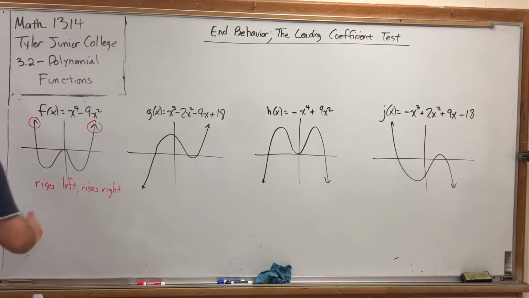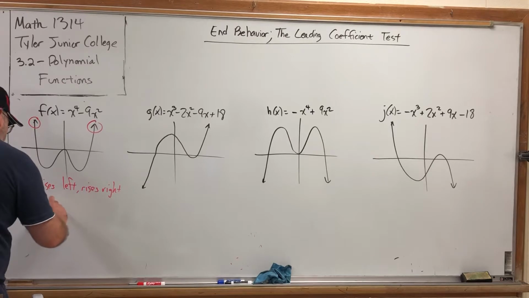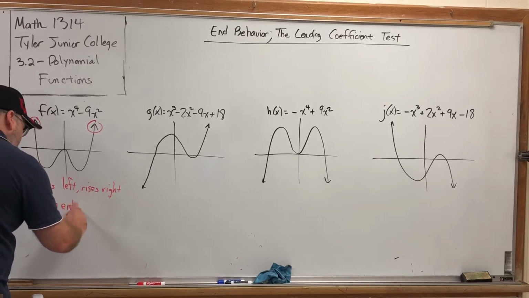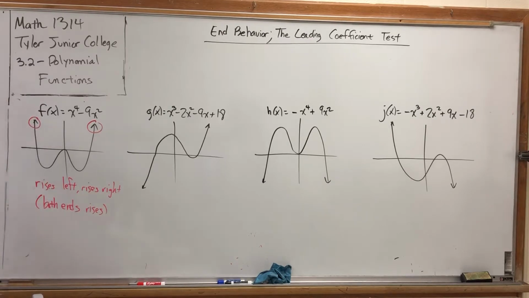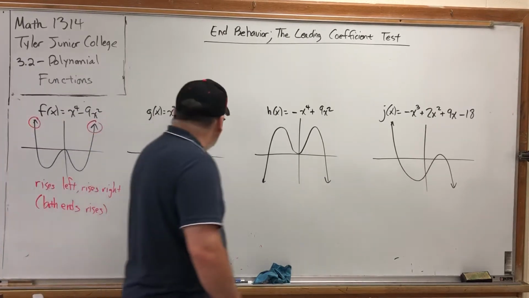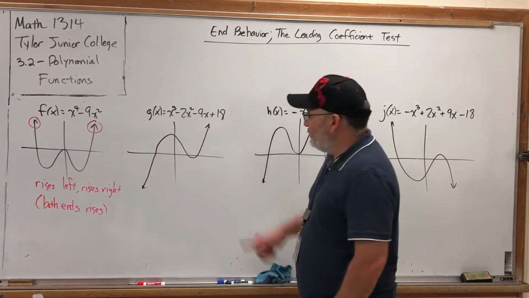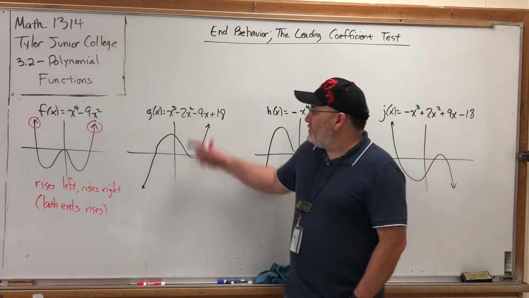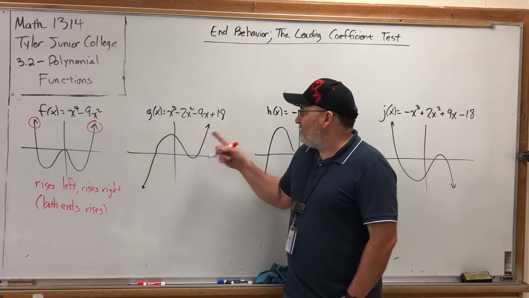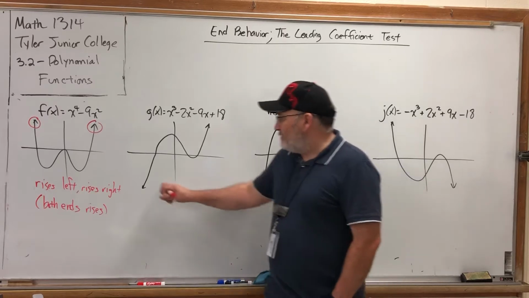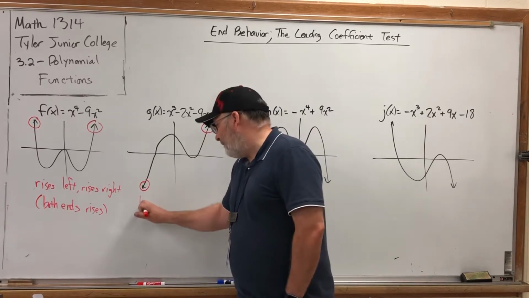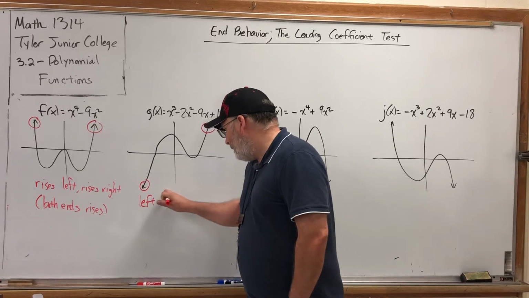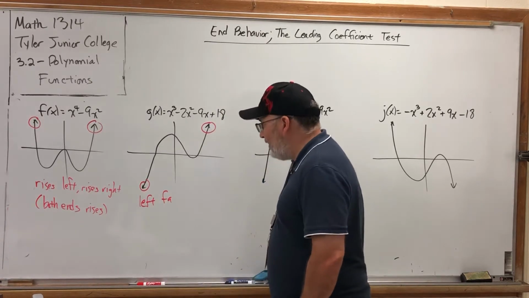Now we can also say that both ends rise, because both ends are pointing up. Sometimes the ends are equal, sometimes they're opposite. For example, on g of x equals x to the 3rd power minus 2x to the 2nd power minus 9x plus 18, the ends are opposite, because on this one we would say that the left falls, or it falls left.